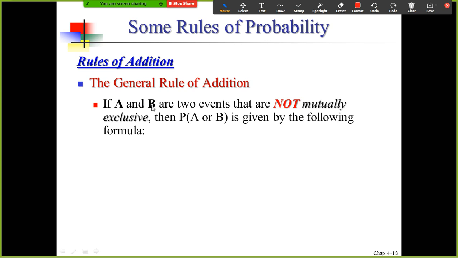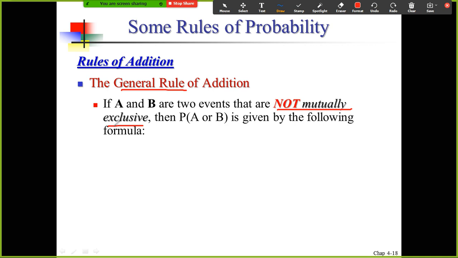Suppose A and B are two events that are not mutually exclusive. What does not mutually exclusive mean? That means A and B could come at the same time.